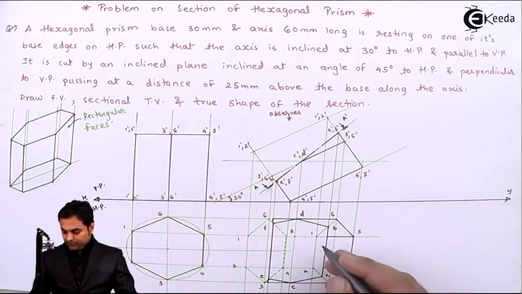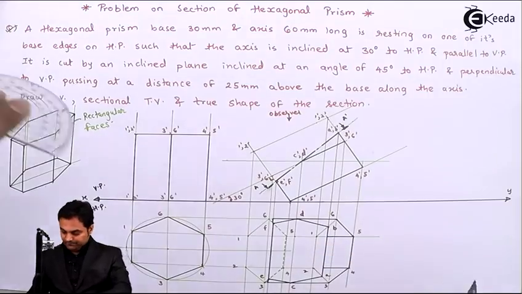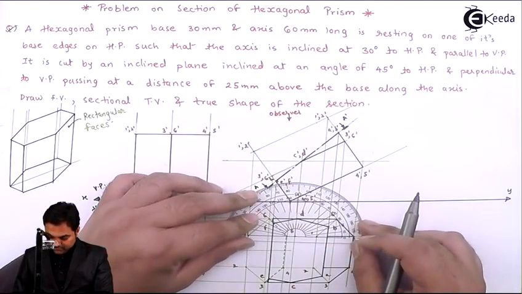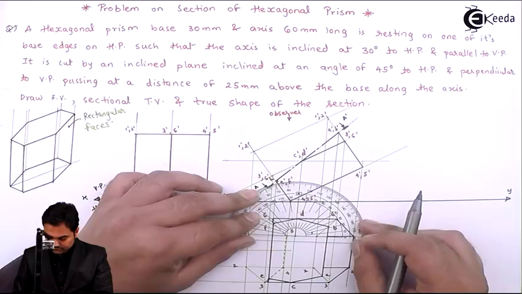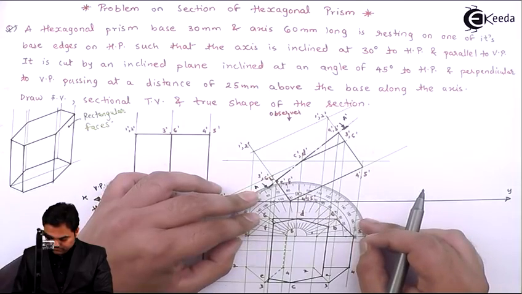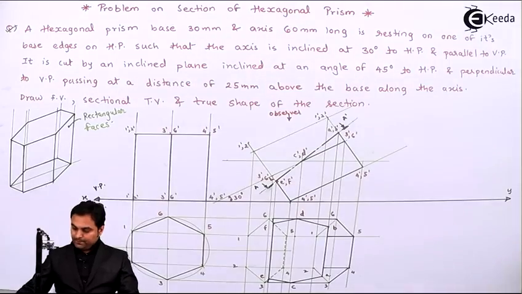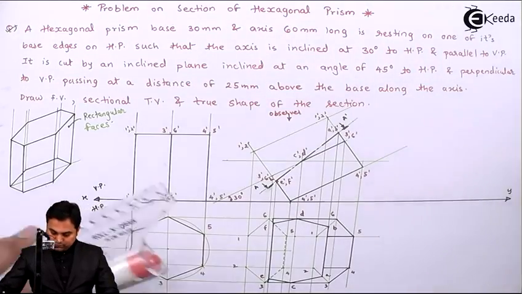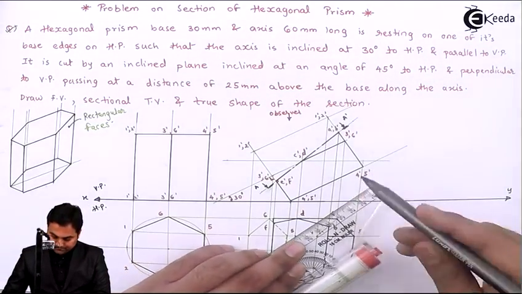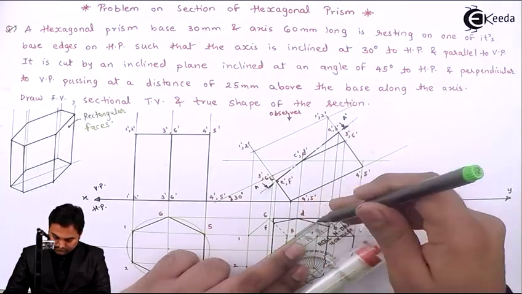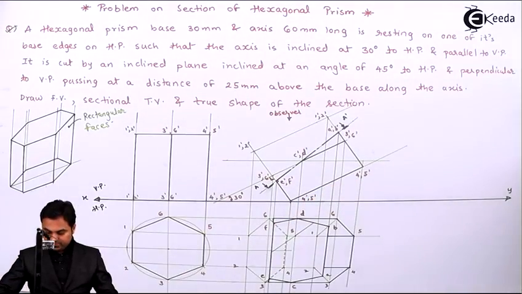Next I am taking a point anywhere in between, measuring the angle over it, and that should be 45 degree. So drawing a light line. This will be the reference.